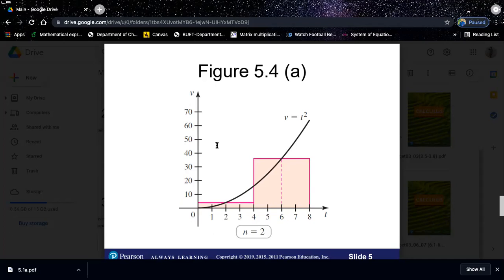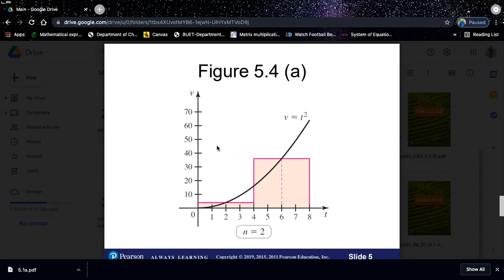We can draw rectangles under that curve, and then we can find the areas, I should say, because it would be more than one rectangle in most cases.